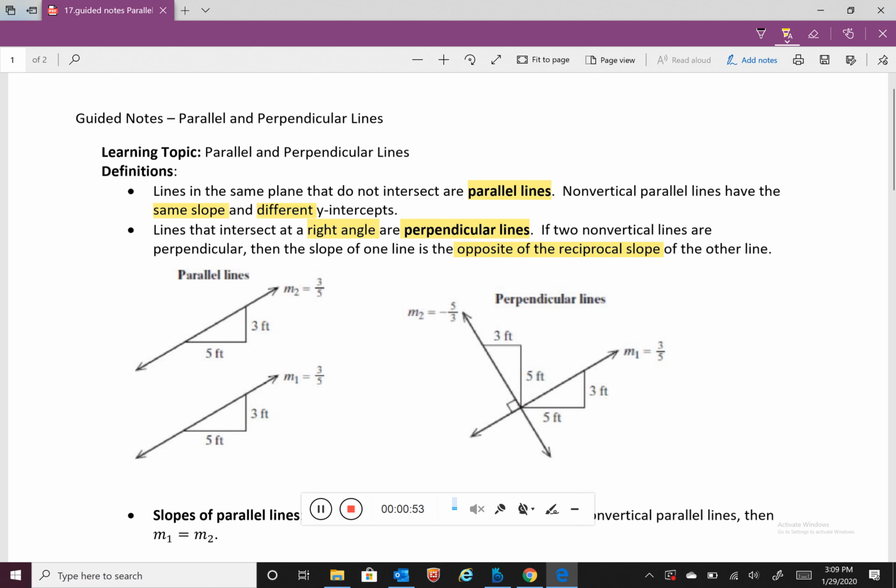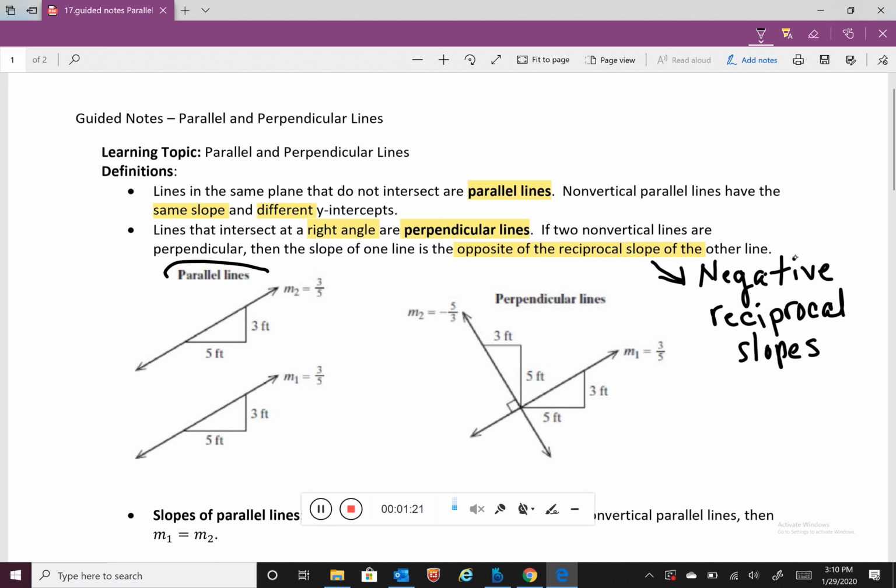Another way of stating that is that those two lines have negative reciprocal slopes. And we'll look at an example of that in a moment. So negative reciprocal slopes.